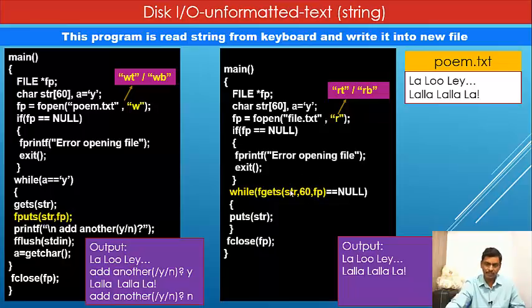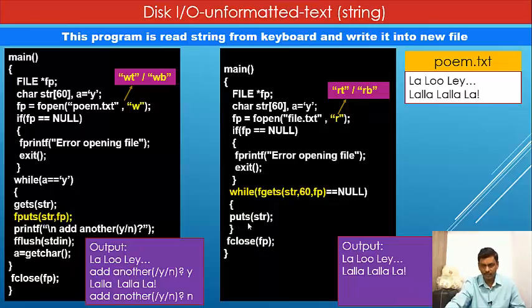Then it is stored into str. Here we use puts to display the string of str. So what is the string the first time? It reads the string of the first line. What is the first line? La lu le. The la lu le is read from fp and stored into str. str is a character array.